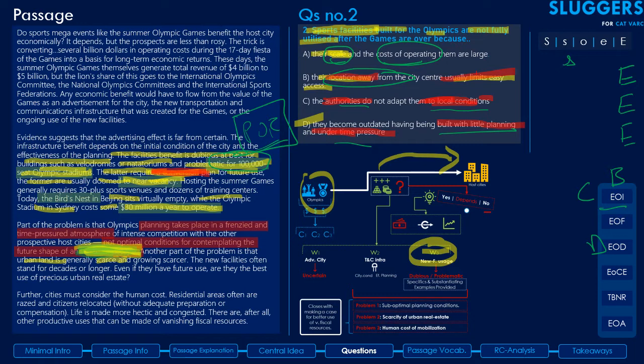So this is a very classic case. Option D is a very classic case of an error of distortion, and that's how we're going to note it here. Option D will be an error of distortion.